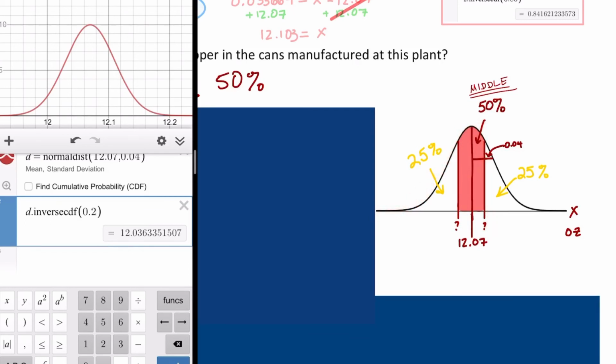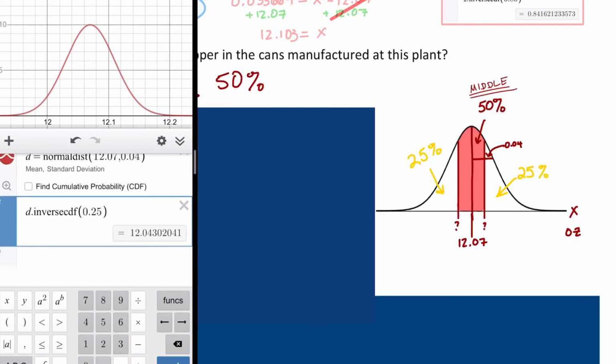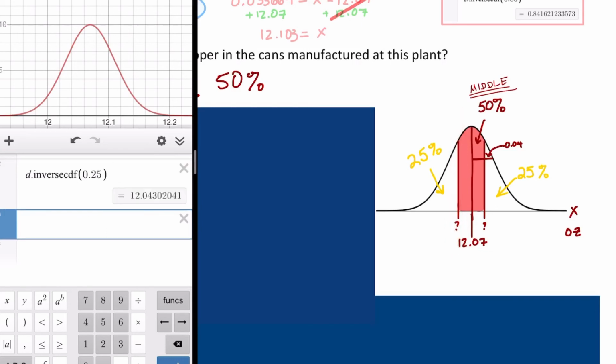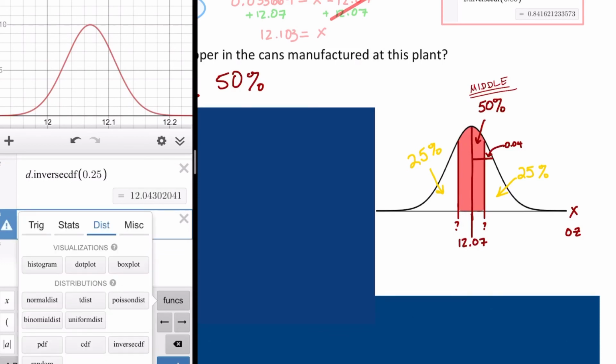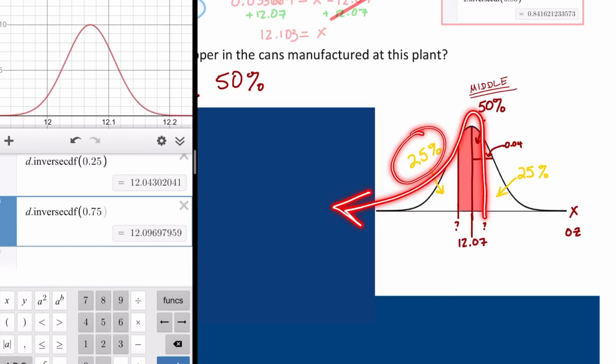So in my calculator, I'm going to put in 0.25 for this first quartile, or 25th percentile, and then I'm going to go ahead and just quickly type in inverse CDF of 0.75, and then I get my Q3, or my 75th percentile. Because remember, you have to type in area to the left for both of those. So from here, that way, that's 25%. Here, this way, that is 75%, 25 plus 50.